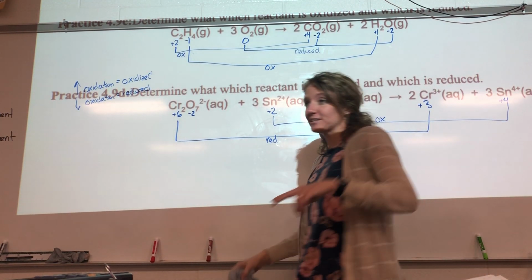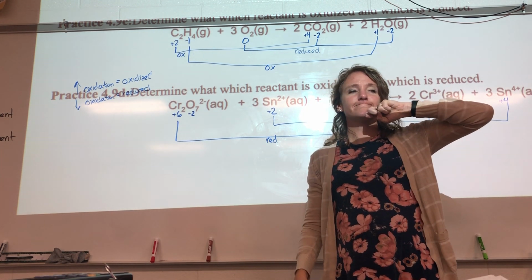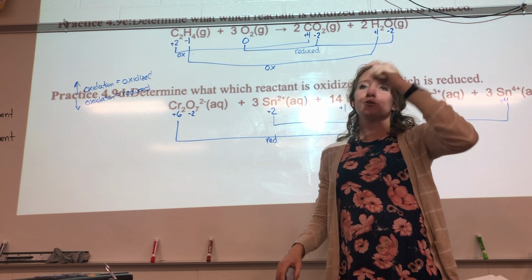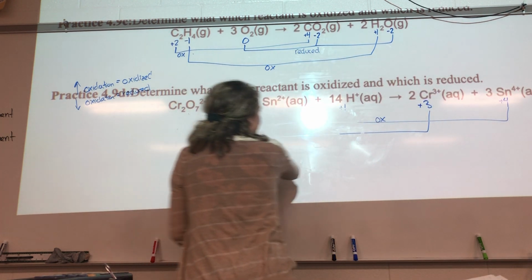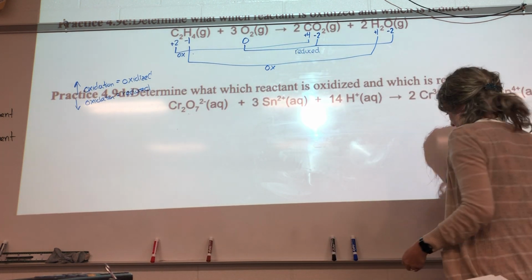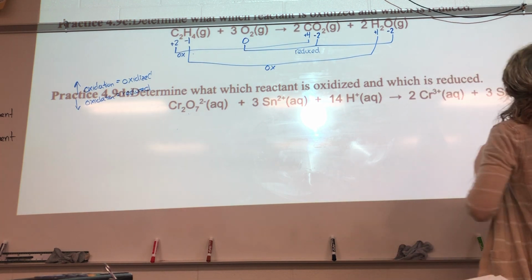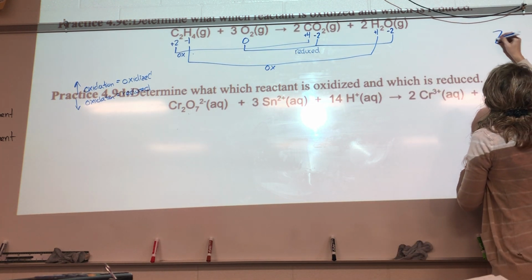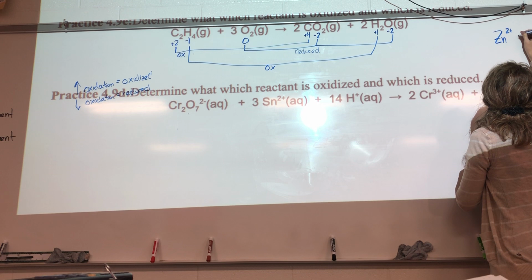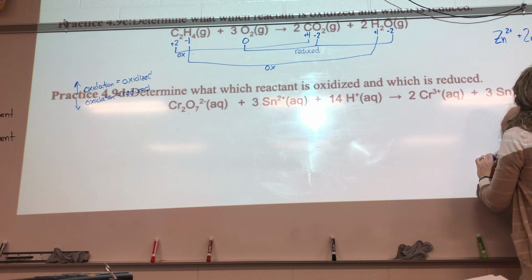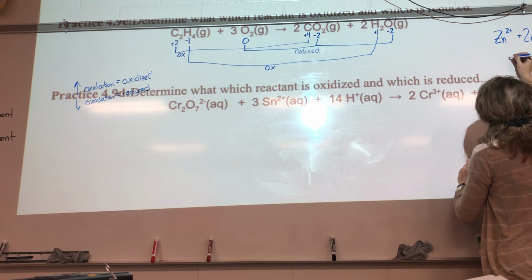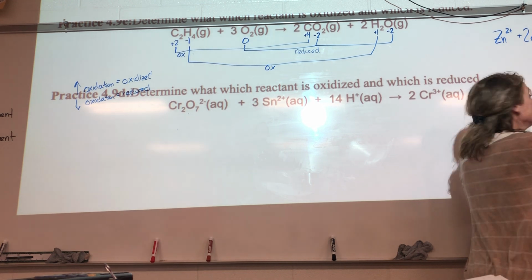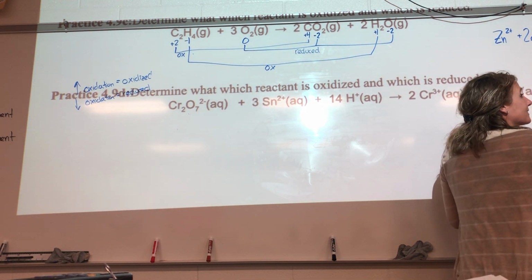Okay, I'm going to write an overall. You have to split it into half reactions and say which one's being oxidized and which one's being reduced. Find somewhere to write it down. What do we want to react with?